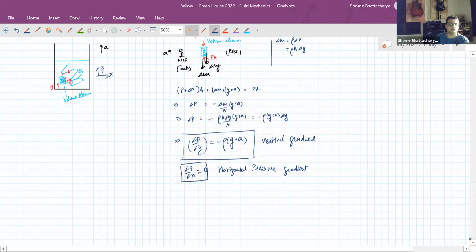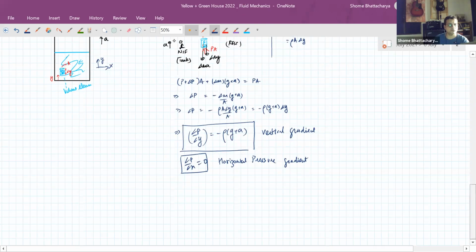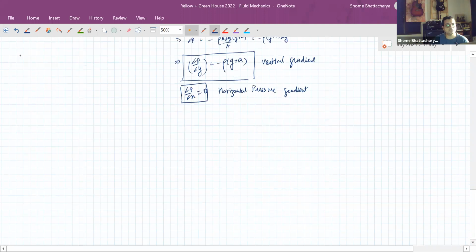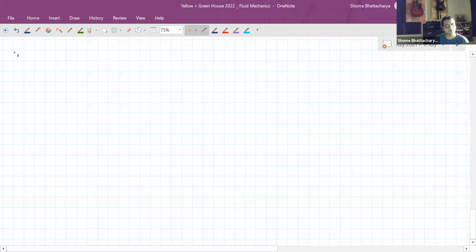Then now the second situation we'll see, in which this concept of pressure gradient changing because of the acceleration of the vessel in which the liquid is there, is when we have a horizontally accelerated reference frame.